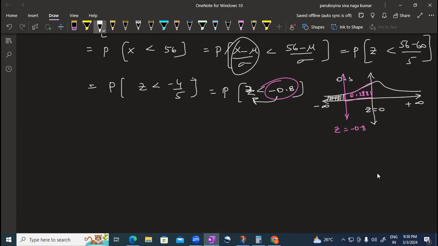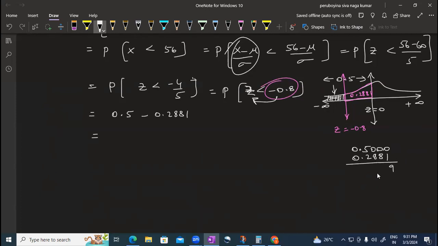We know that half of the area is 0.5. In this 0.5 area, this 0.2881 part was not shaded, and the remaining part is shaded. So for the shaded part we will subtract 0.2881 from 0.5. I'm doing the subtraction here: 0.5000 minus 0.2881.